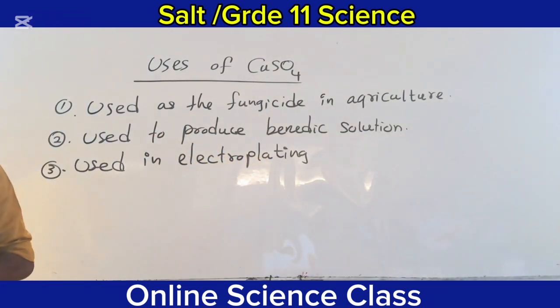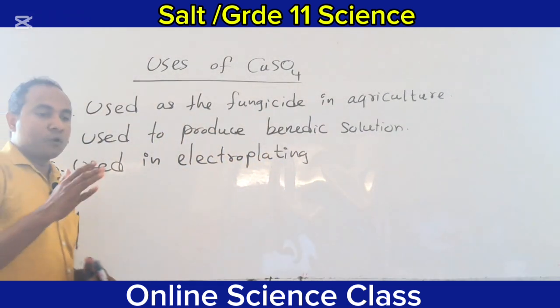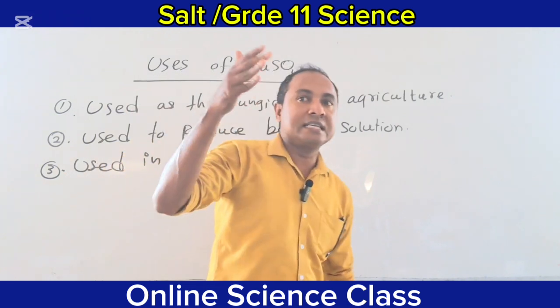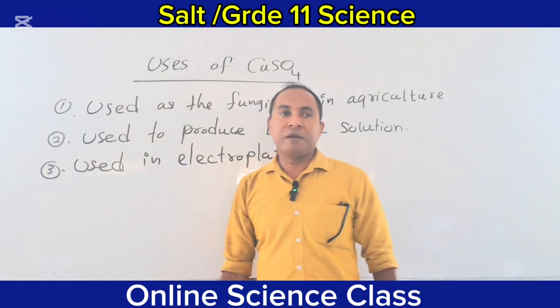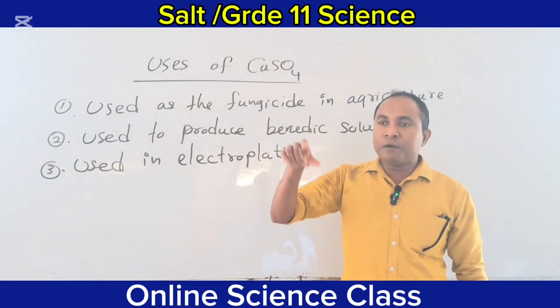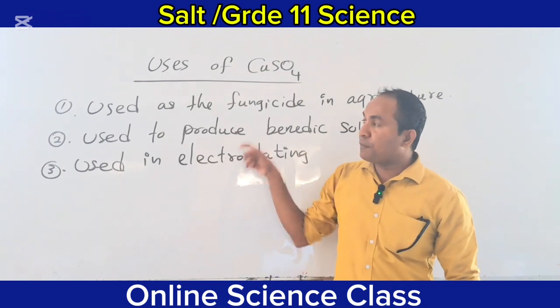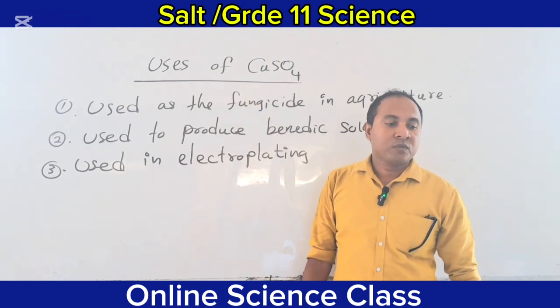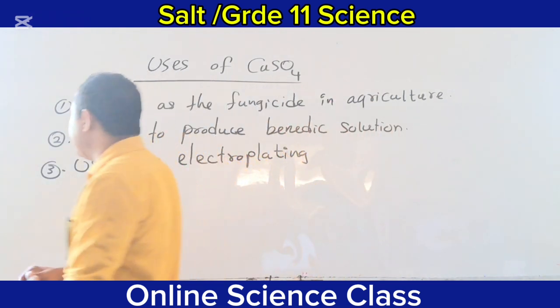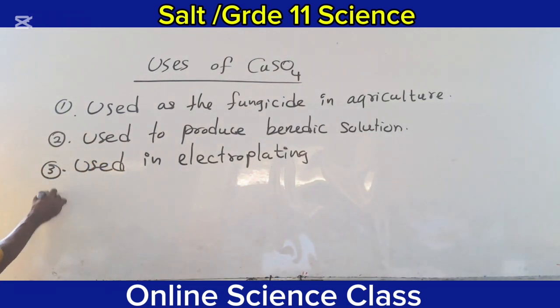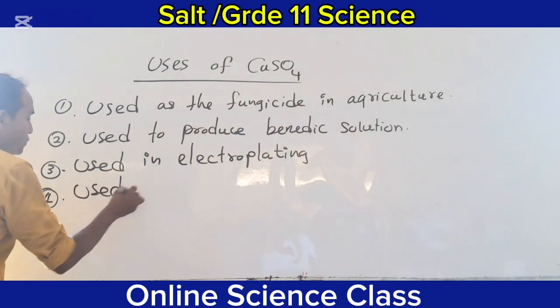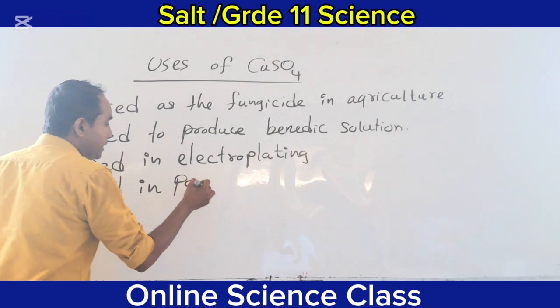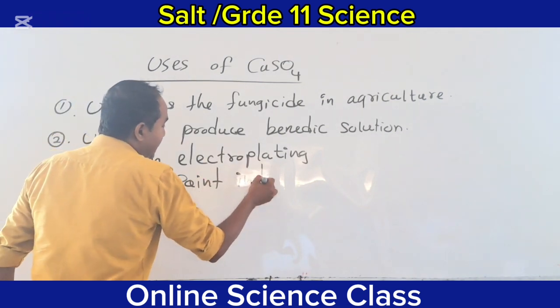The process of plating one metal on another metal is known as electroplating. If you want to plate copper metal, copper sulfate solution is used for this. Next one, used in the paint industry.